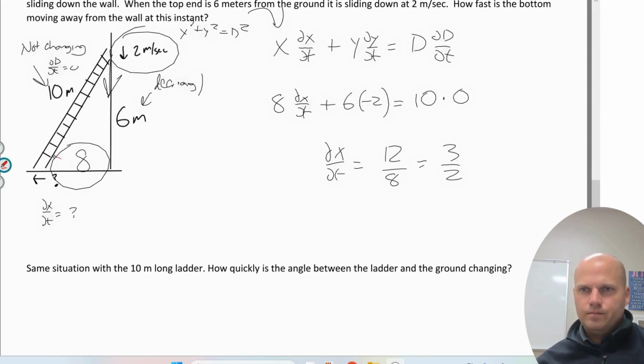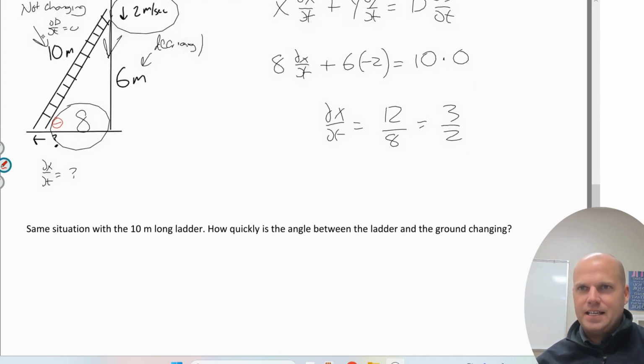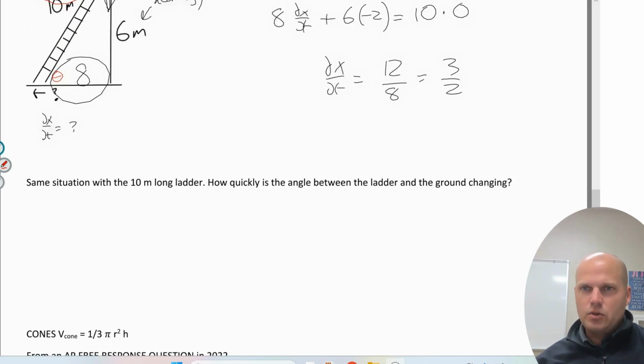Okay, another angle. I want to use the fact that dd/dt is 0. Yes, I have dx/dt, but I'm going to use dy/dt and dd/dt. So I'm going to use sine so that I have dy/dt and dd/dt. Sine theta equals y over d.